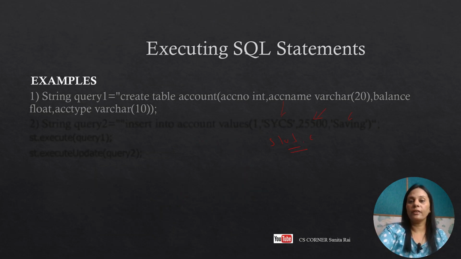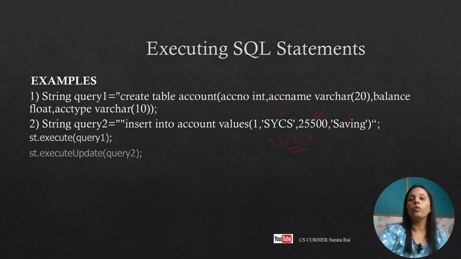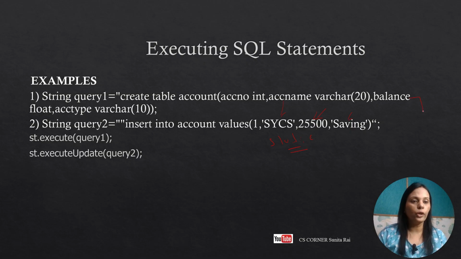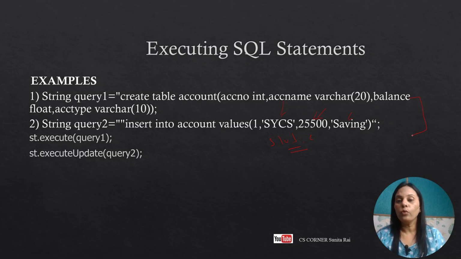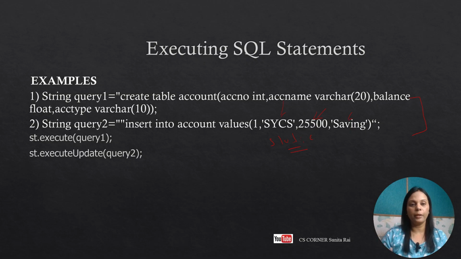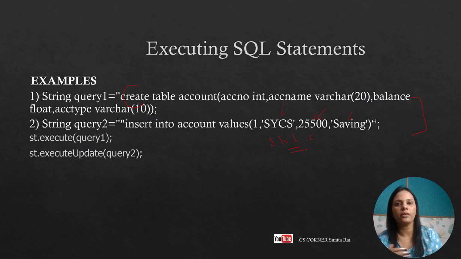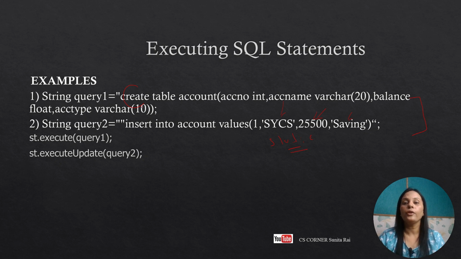Okay, now in this slide, I'm trying to explain how you execute queries. For executing queries, you need to create a query and then call methods of statement, prepared statement or callable statement. The important methods we have are execute and execute update. Whenever you have a create command, create table, create indexes, create databases, create sequences, or I can say DDL command, then you can go for the execute method.